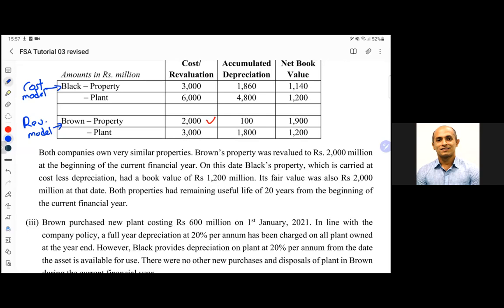The two companies have similar properties, so the fair value of Black's property was also 2,000 million at the time of the revaluation. Both properties had a remaining useful life of 20 years from the beginning of the current financial year.